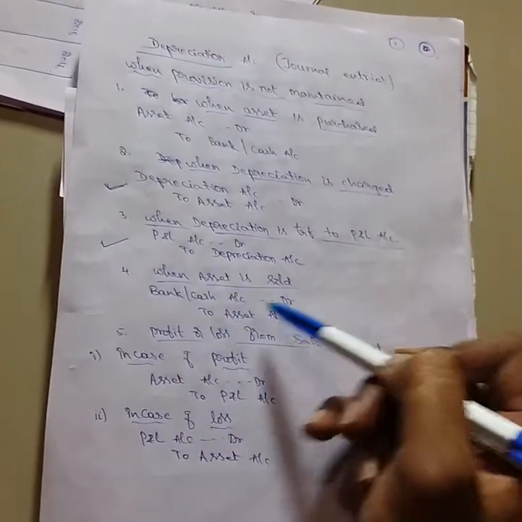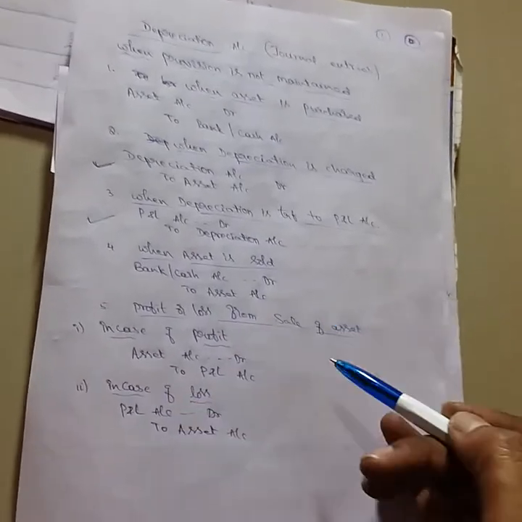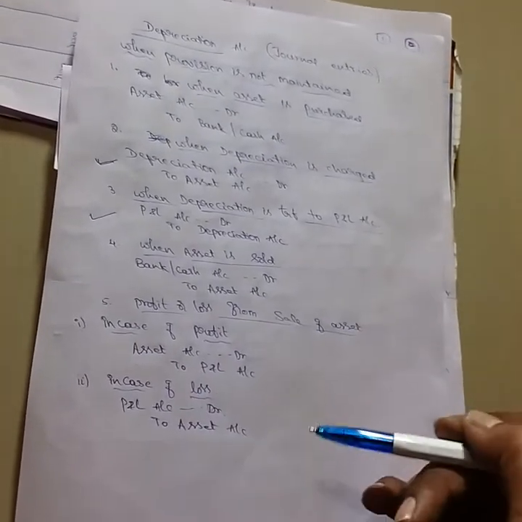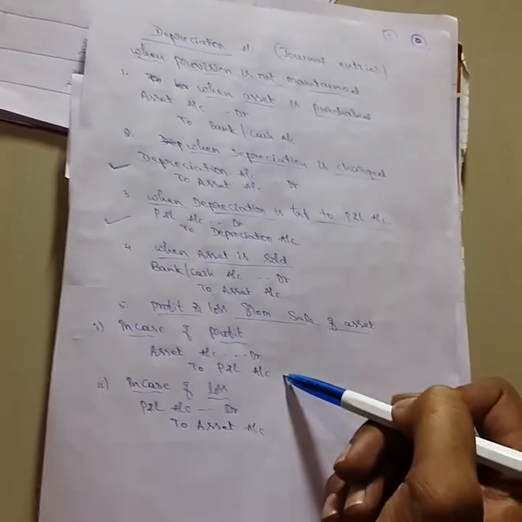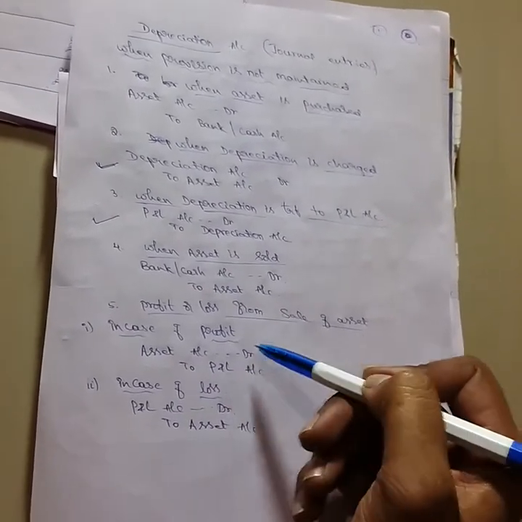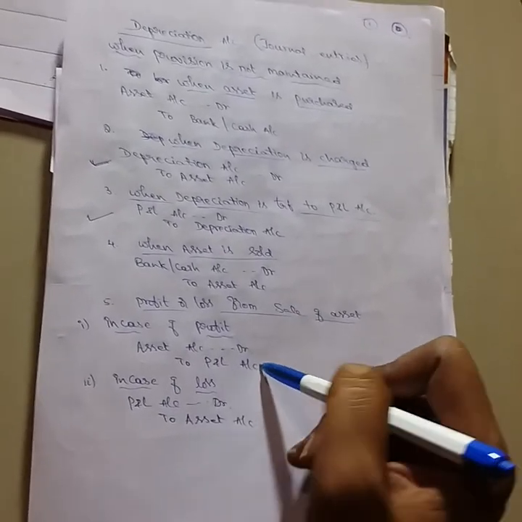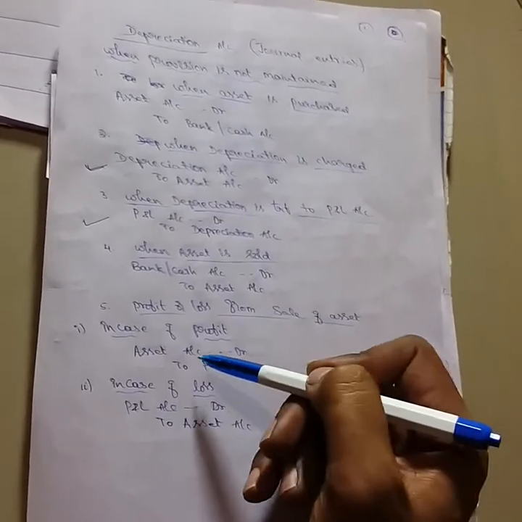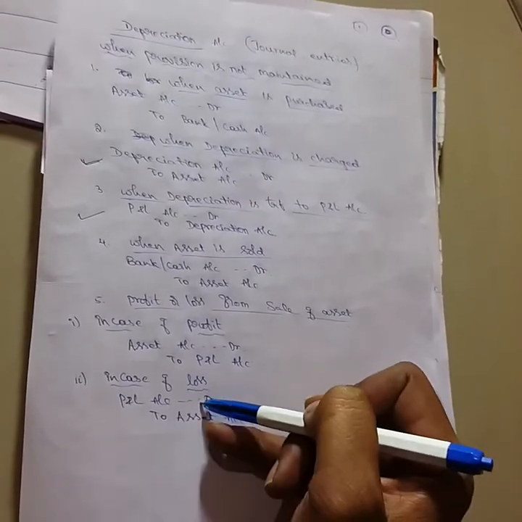When an asset is sold, cash or bank account debit to asset account. From the sale of an asset, we may get profit or loss. If we get profit, the journal entry is asset account debit to profit and loss account as profit, since income or gain should be credited as per nominal account rules. So in case of profit, profit and loss account credit. In case of loss, profit and loss account debit.